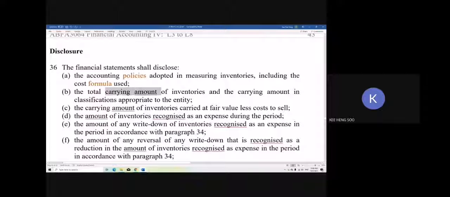Use a pencil, jot down by yourself. Number A, the formula is either WAC or first in first out. WAC.